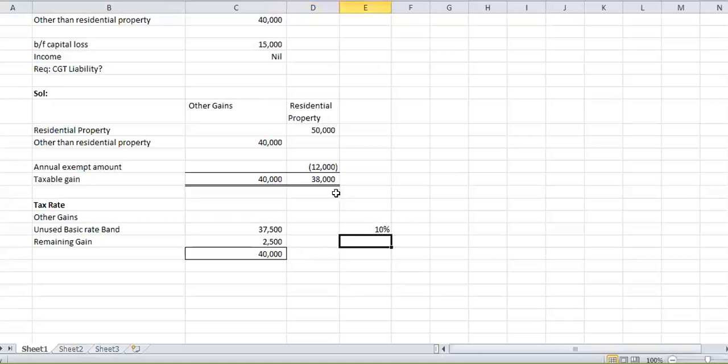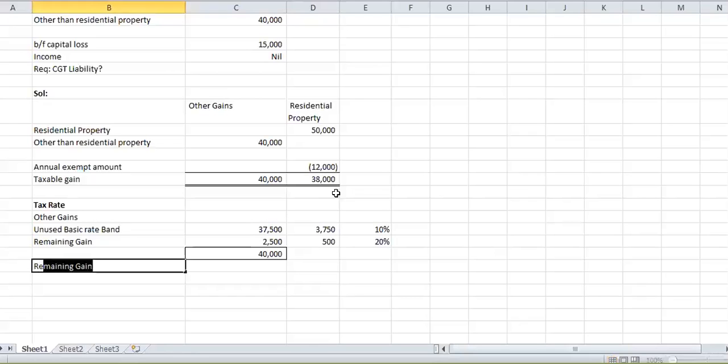So on these remaining gains, the tax rate will be 20%. So on the first unused basic rate band, the tax rate is 10%, and on the remaining gains, the tax rate will be 20%.